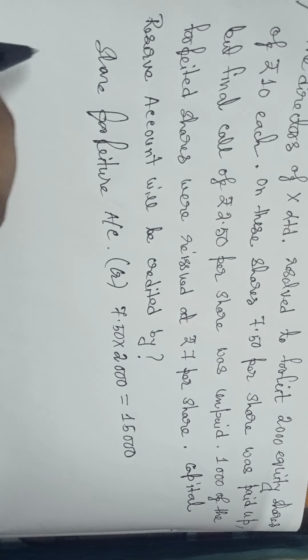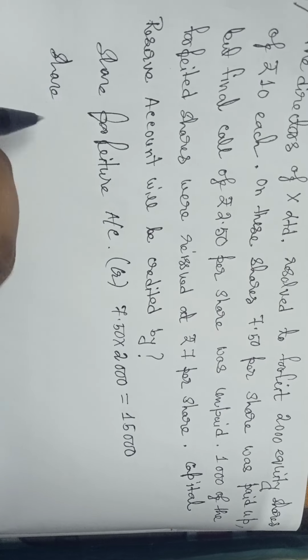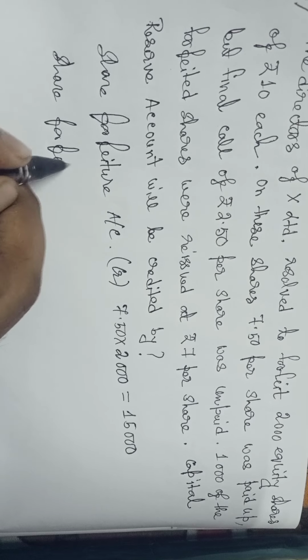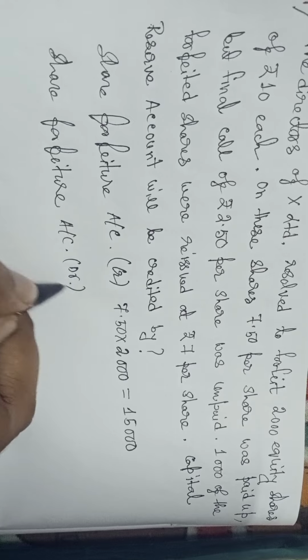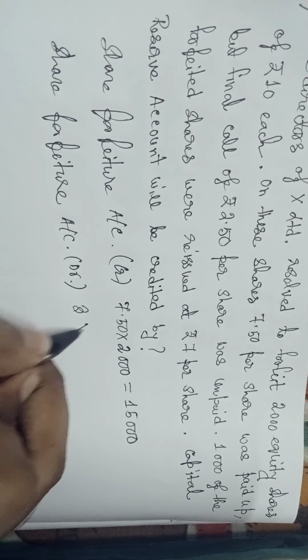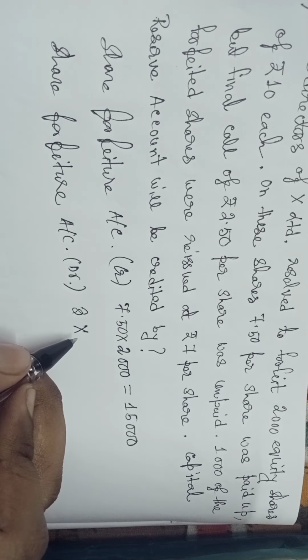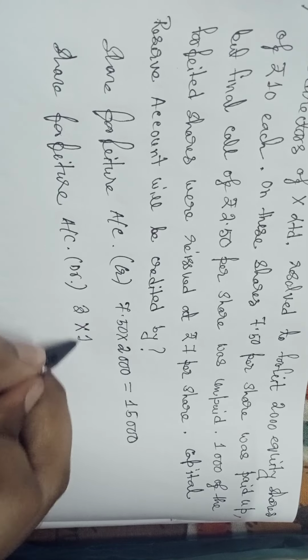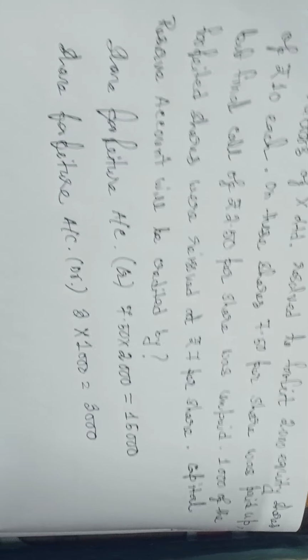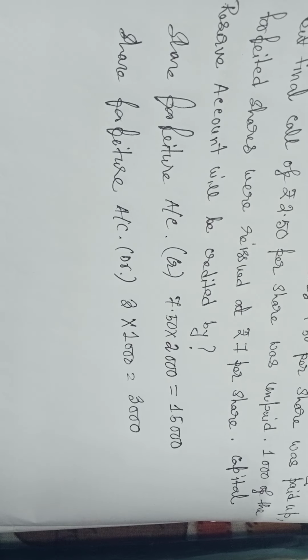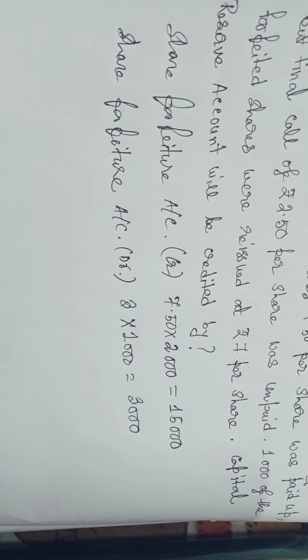So share forfeiture account will then be debited at the time of reissue by rupees 3. And how many shares get reissued? 1000. That means 3000. So now we have to calculate how much amount has been credited to capital reserve account.